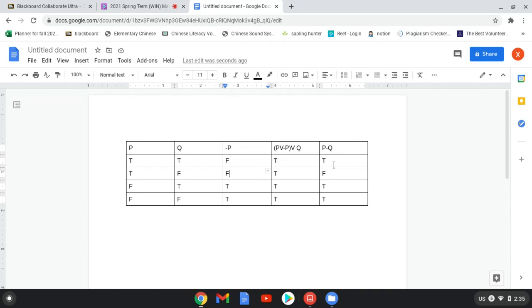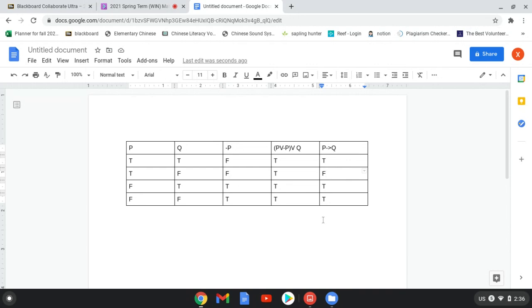So P implies Q. You could use an arrow. You do it right. Nice. So P implies Q, so if P, then Q. The first one true, second one false, then true, true.